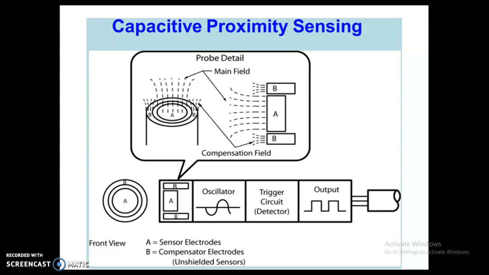Next is the oscillator. Then you have a triggering circuit, and next is the output. The front view of the sensor is also shown here. How the field is being generated is also shown in the figure.